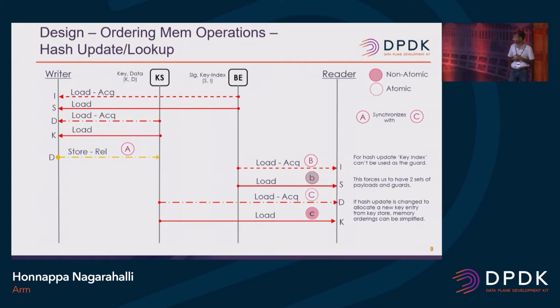With that, we could reduce the memory orderings in the hash update as well as hash add. That's something for us to think about. Right now, my patch follows what I have shown here, two sets of payload and guards. But I'm open to changing that to have one set if we all agree that we can change the update.